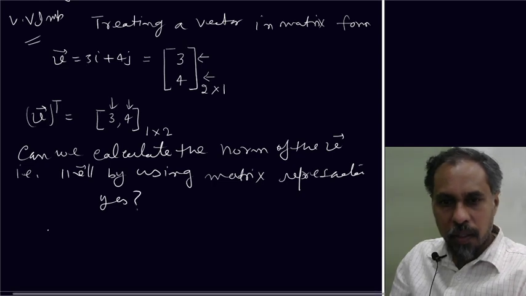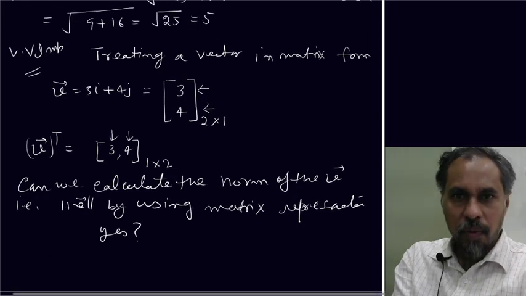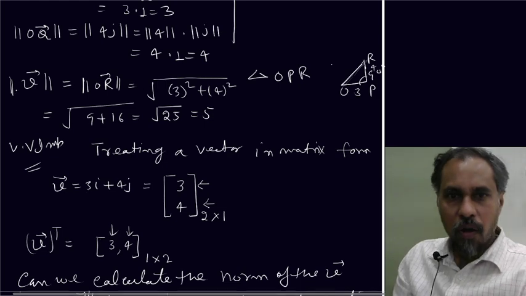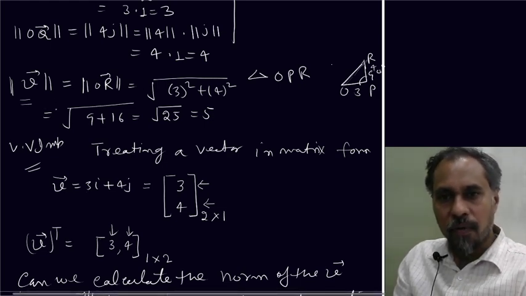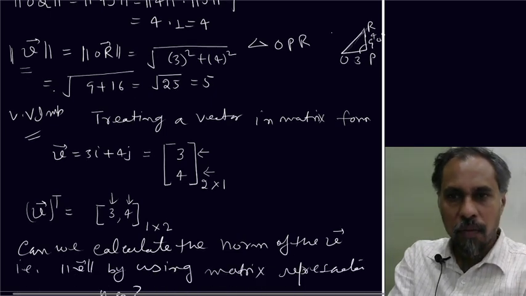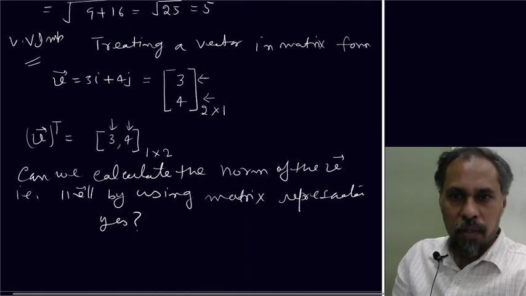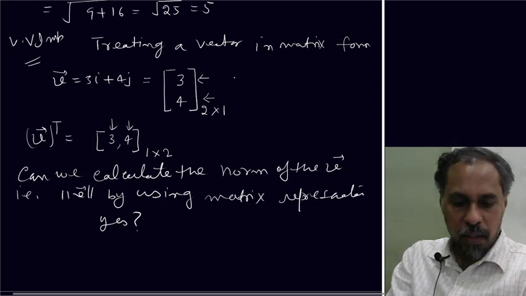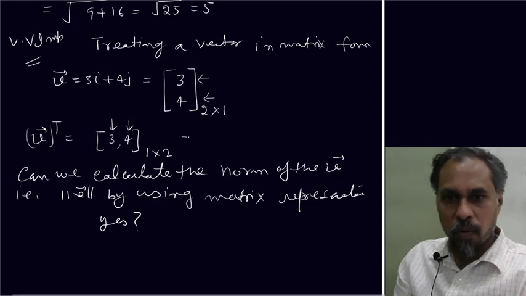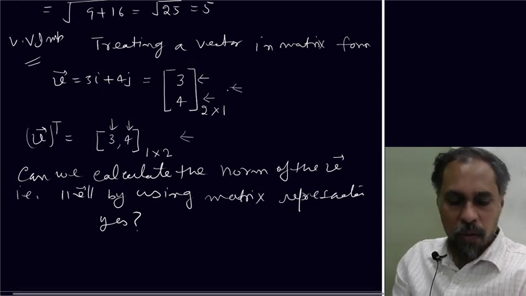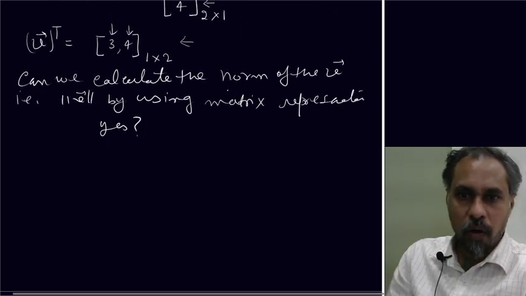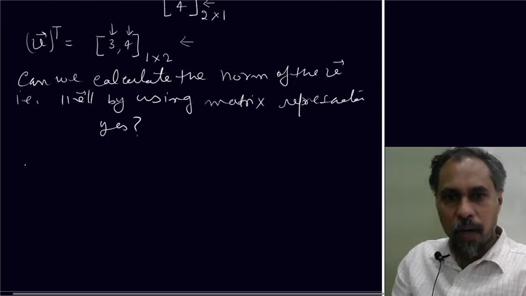So how to do it? In the previous example, we calculated the norm of the vector V by sketching it in the Euclidean space and then applying the Pythagoras theorem. But here we directly have this vector in matrix form, and we also have V transpose. So it is easy to calculate the norm of the vector when the vector is represented in matrix form.